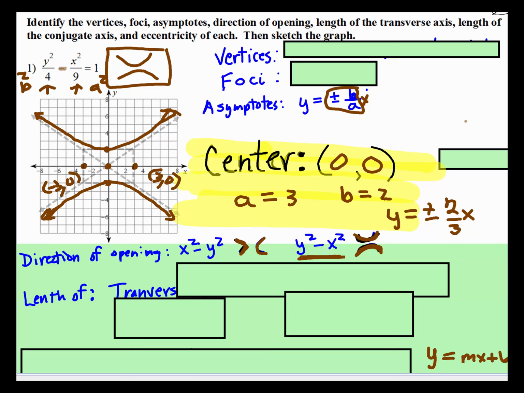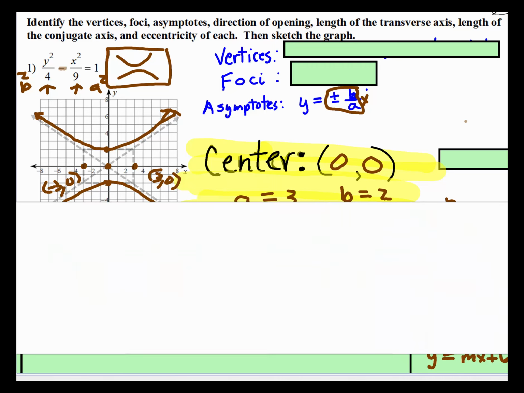Okay, I'm going to do this again, rectangle. I'm going to cover up a bunch of this stuff so it's easier.